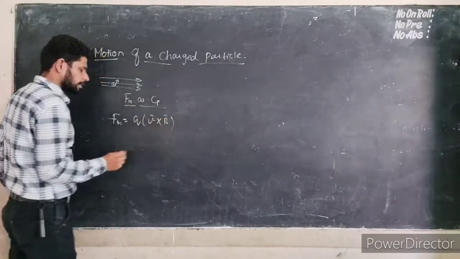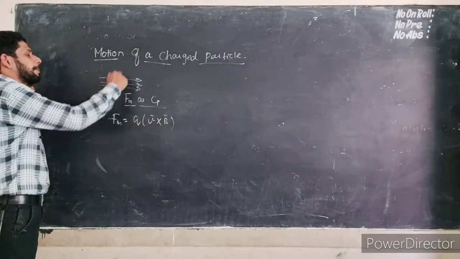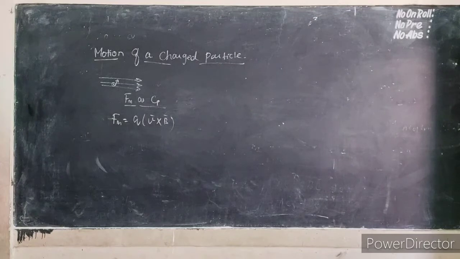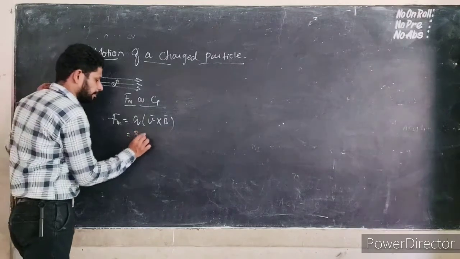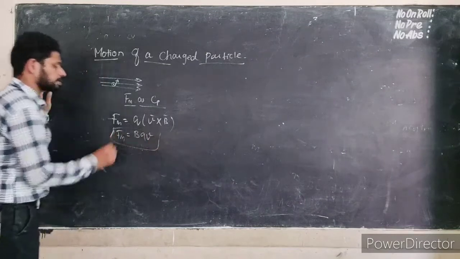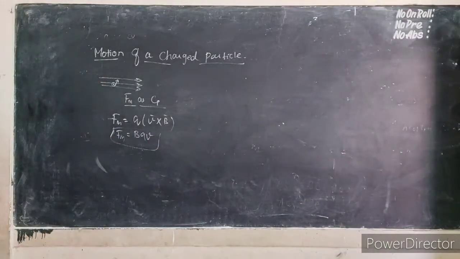Now listen, v cross B. When the charge moves in the perpendicular direction with some velocity, it becomes qvB. This force equals and nullifies the centripetal force.